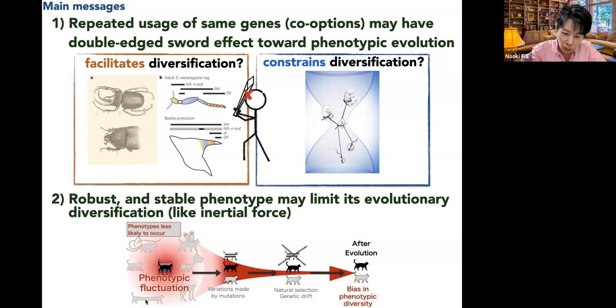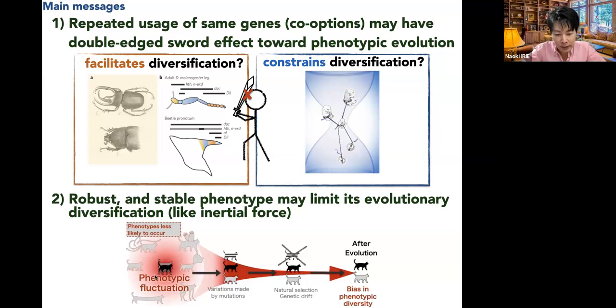But one implication is that the developmental system, or the organismal system itself, has limitations in creating a variety of hypothetical phenotypes, like branching tails, or cats with wings, or a huge head, or multiple legs.